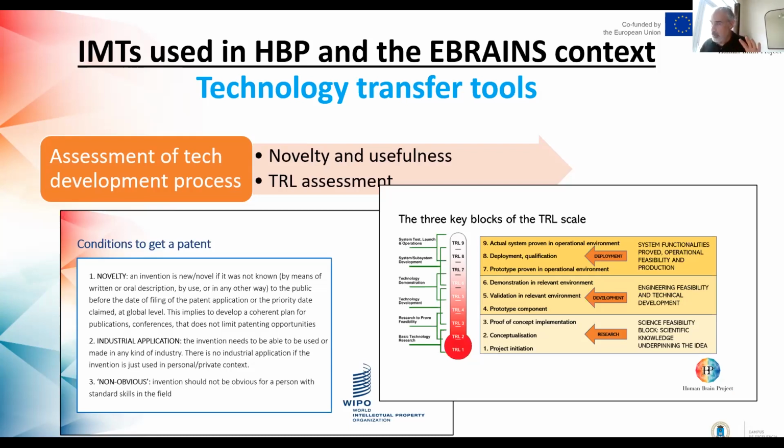The second block, TRL 4, 5, and 6, comes with a real development of a prototype of your product, not necessarily a physical product.